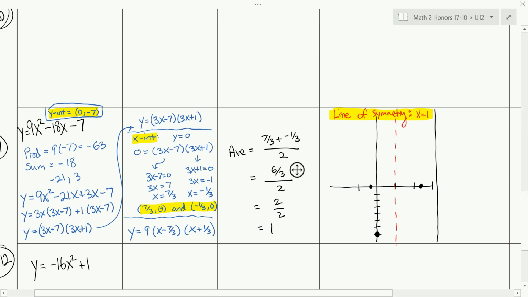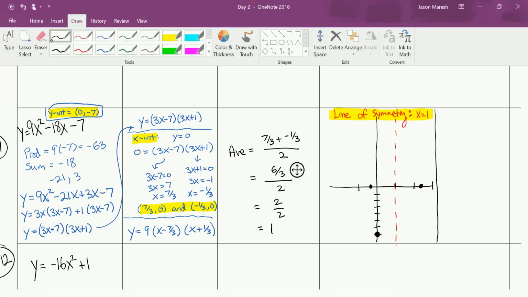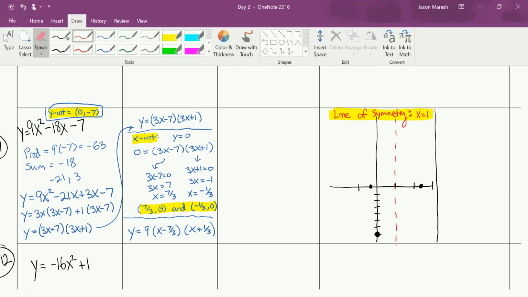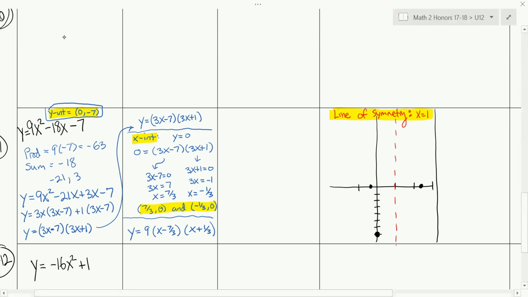So for our vertex, we just found a piece of our vertex, right? Not everything, but we found our x value of our vertex, because the vertex is always in the middle. It's always on the axis or the line of symmetry. So we found it's 1, comma, and we got to figure out what the y value is. But if you know an x value, you can always find a y value. How?